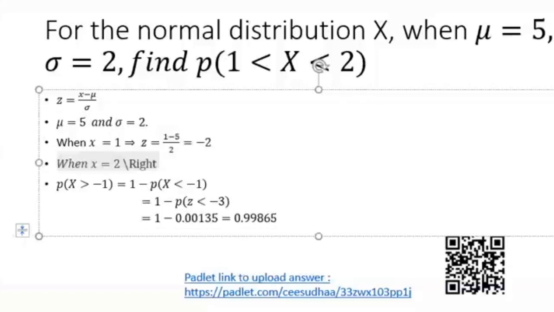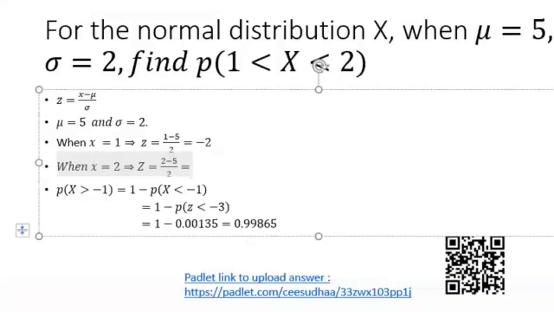Apply it in the formula: z equal to 2 minus 5 divided by 2. So that is going to be minus 3 by 2. Minus 3 by 2 is nothing but 1.5. So that is minus 1.5.